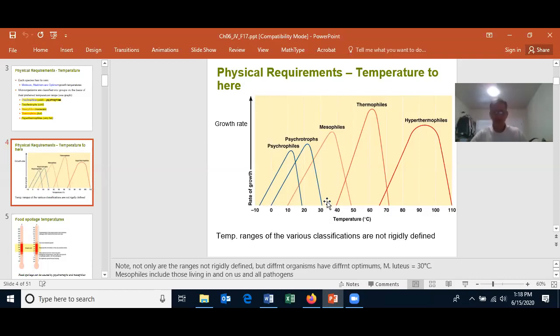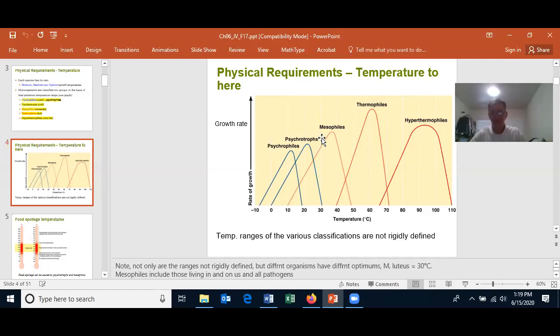Now, you'll notice that the optimum temperature is 37 for your average mesophile, but the organisms that grow on your skin are closer to 30 degrees Celsius, and that would be their optimum, meaning the optimum isn't set in stone either. The optimum mesophile that grows on your skin would grow best at 30 degrees.